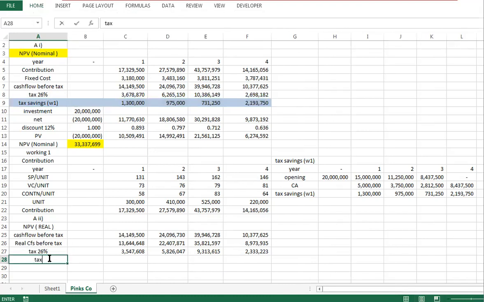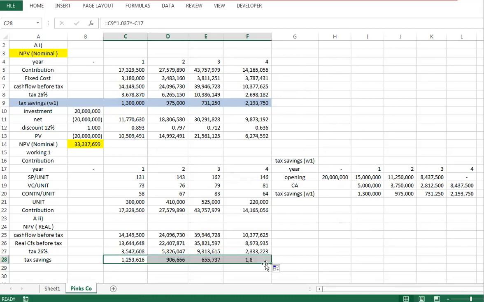So tax savings, I'll take this figure and multiply it by the inflation rate, 1.037 raised to the power minus 1. So I'm deflating all these figures. So we'll have the tax savings also in real terms.